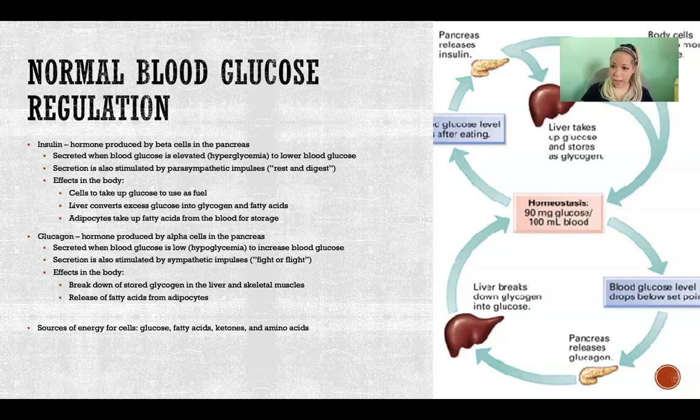Those fatty acids that the liver produces go into circulation in the blood, and insulin tells the adipocytes, the cells of our fat tissue, to take up those fatty acids and store them in the form of fat in that fat tissue.